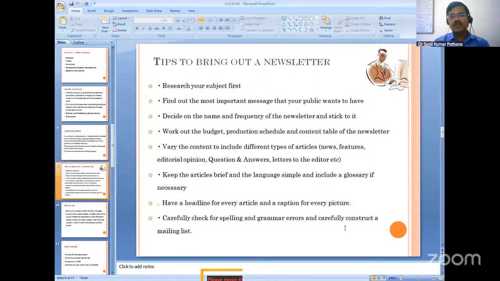Tips to bring out a newsletter. For a newsletter, it is required to research your subject first. The publications officer's duty is to collect the data and produce a newsletter based on that data.